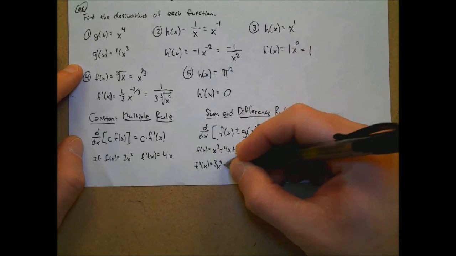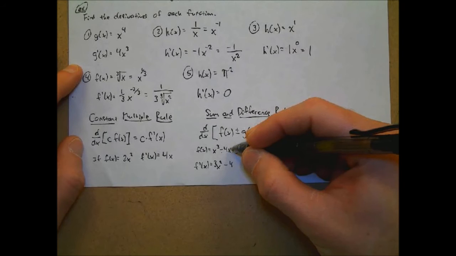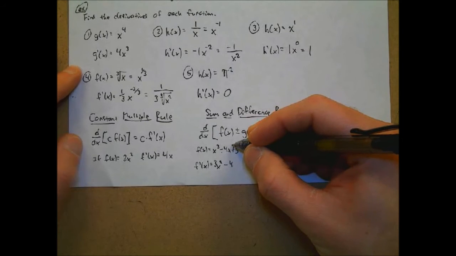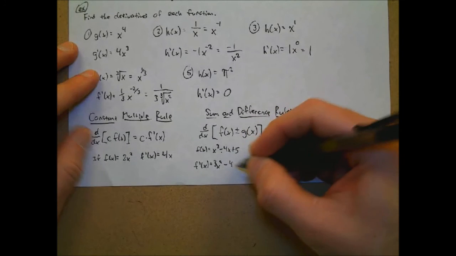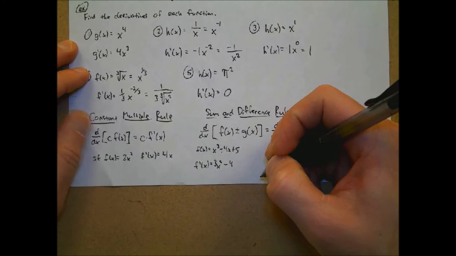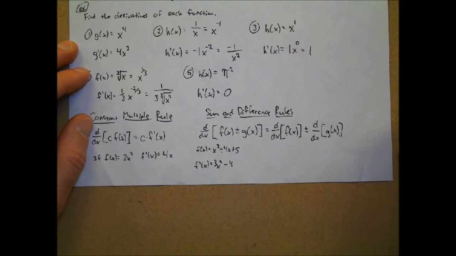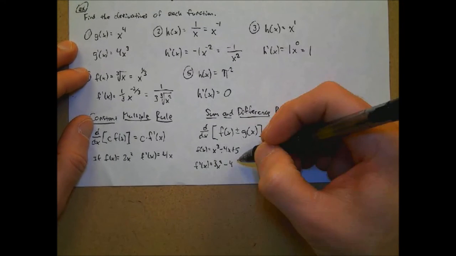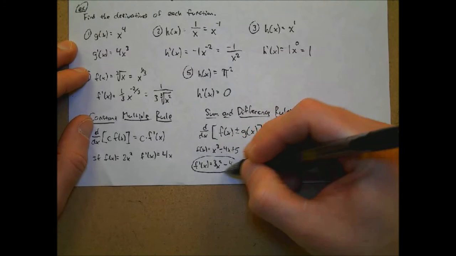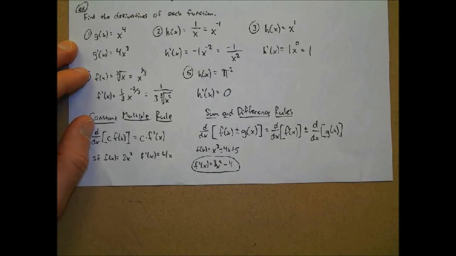Negative 4, right? And then it's x to the 0. What's x to the 0 though? It's just 1. So we just have minus 4 there. Okay. What's the derivative of 5? 0. So it's plus 0. So we can just write 3x squared minus 4 then. There's our answer. Okay. One more I'm going to squeeze in here.